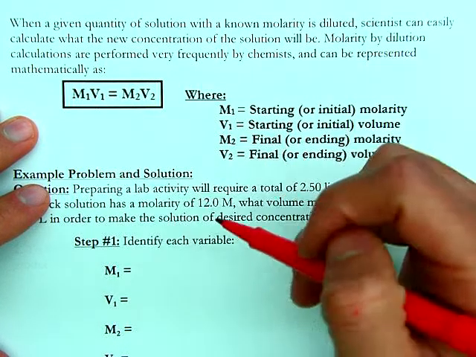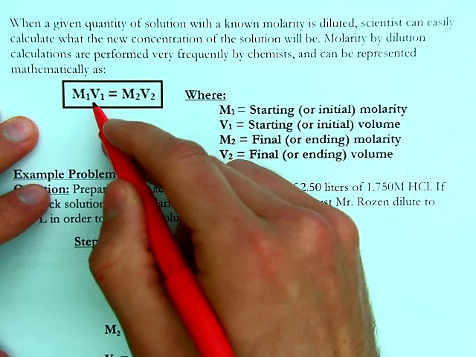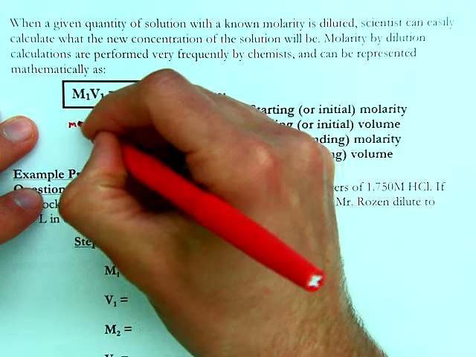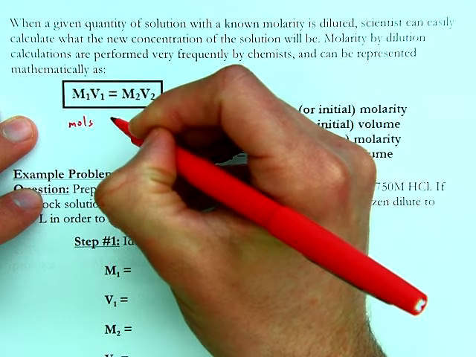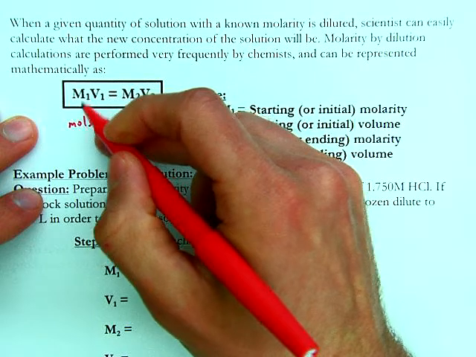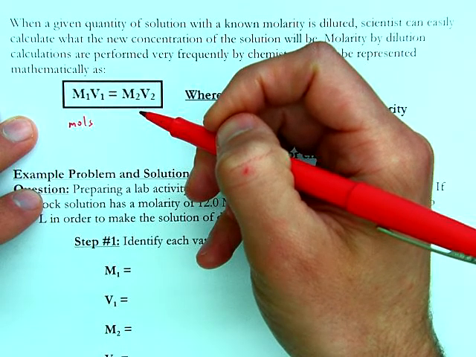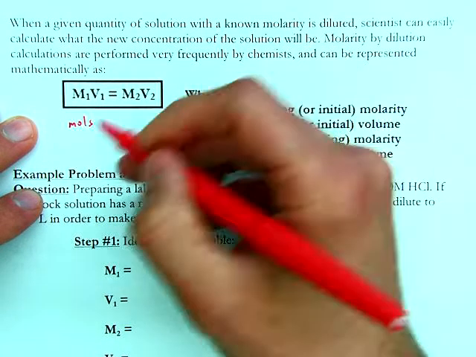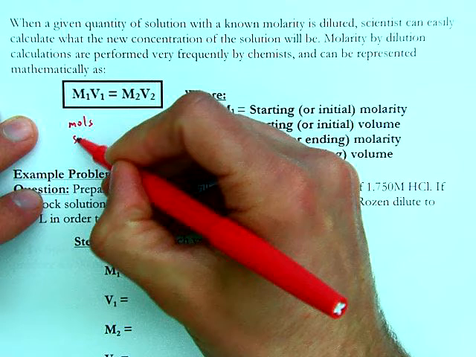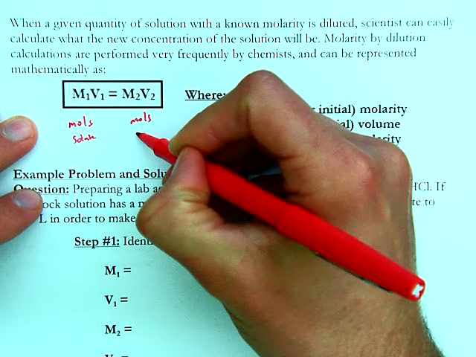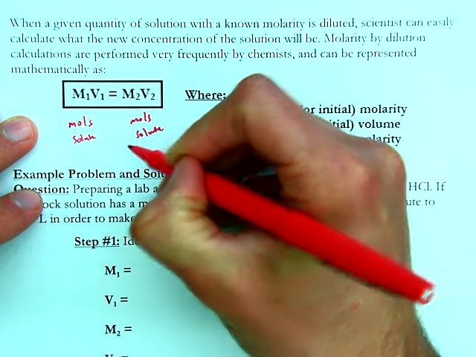And the reason is, if you take molarity times volume, as we saw in our triangle recently, molarity times volume is moles. So if you have an original solution and you're diluting it, you're not adding anything but water to it. So this is moles of solute, and after you dilute it, you still have the same number of moles of solute, right?